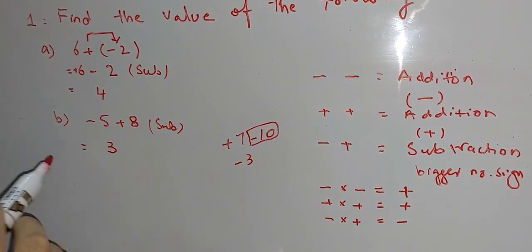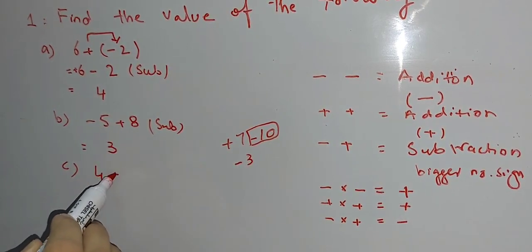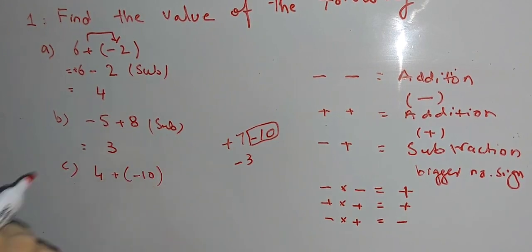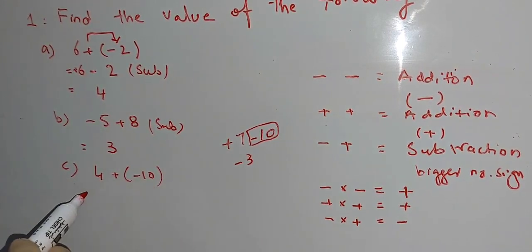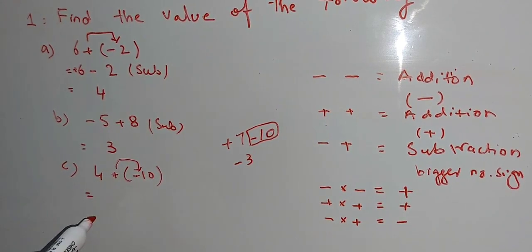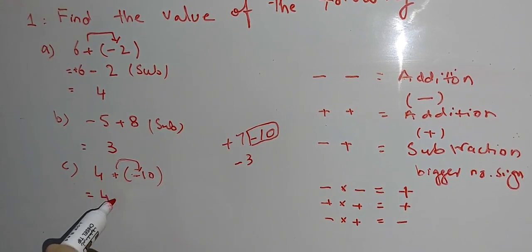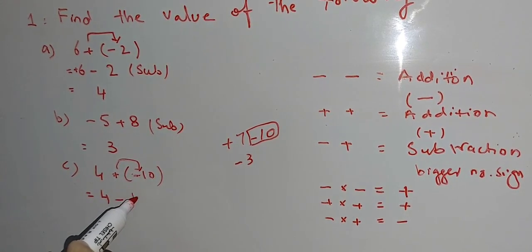Now come to part C. Part C is 4 plus bracket minus 10. Now again, what do we have to do? First of all, we have to open the bracket. So plus minus, whenever multiplied, we will get minus sign and then 10.